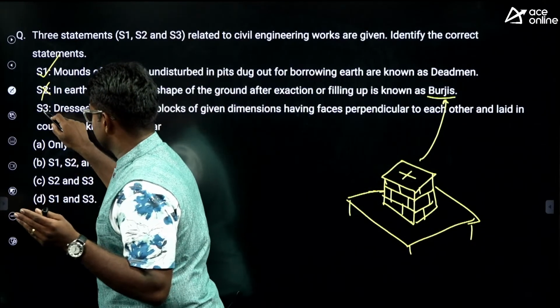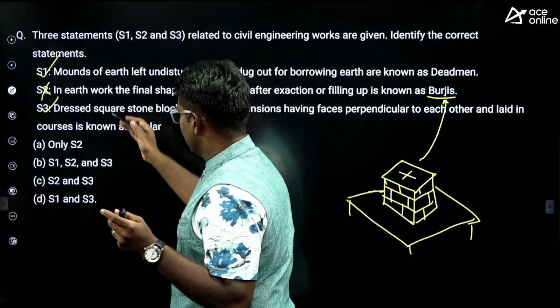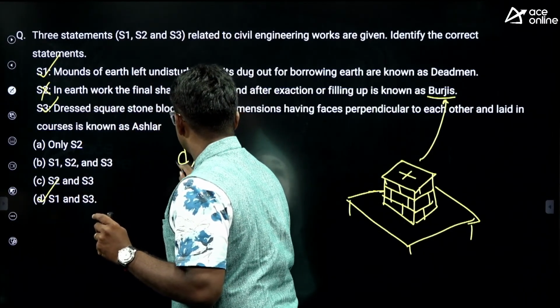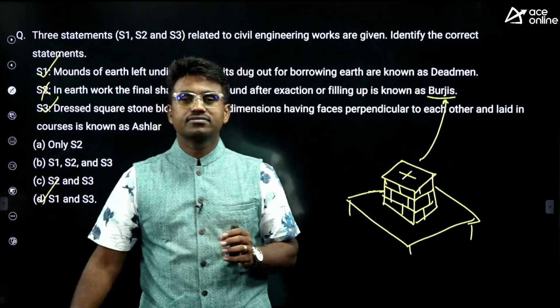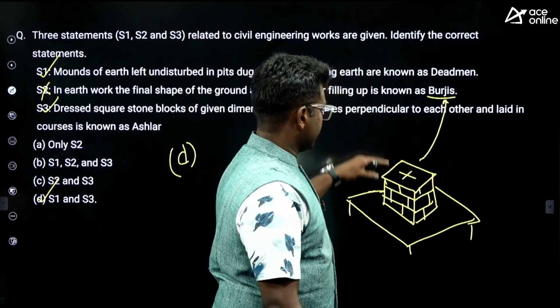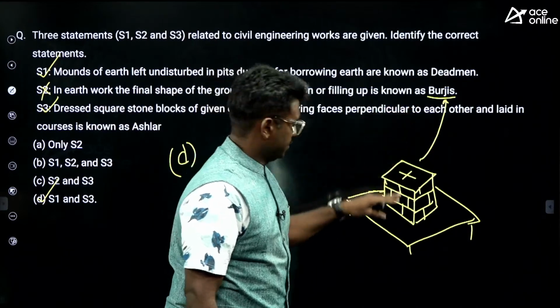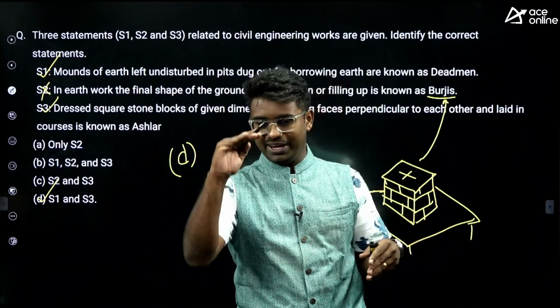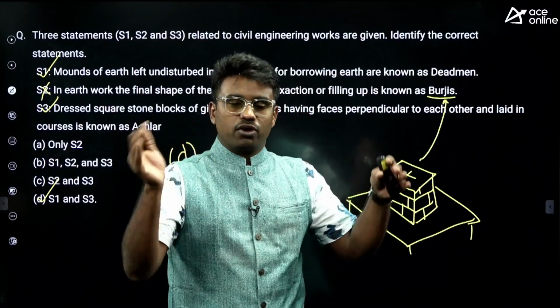Yes, this is correct. So S1 and S3 are correct. D is the option. Actually, what is burgess? We lay some benchmarks for plastering or knowing the height of the work, whatever we are doing.